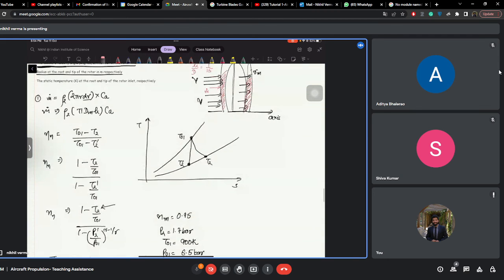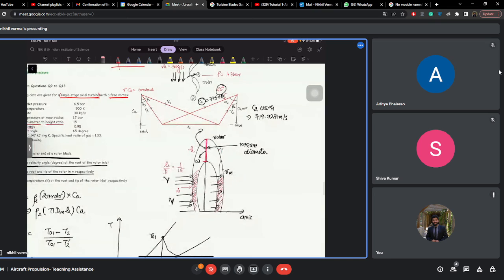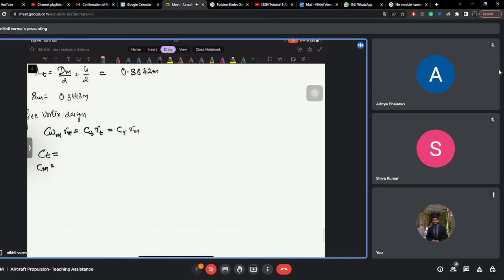CM is just 745.1664 into the sine component of 65, right? So this is 675.304 meters per second.